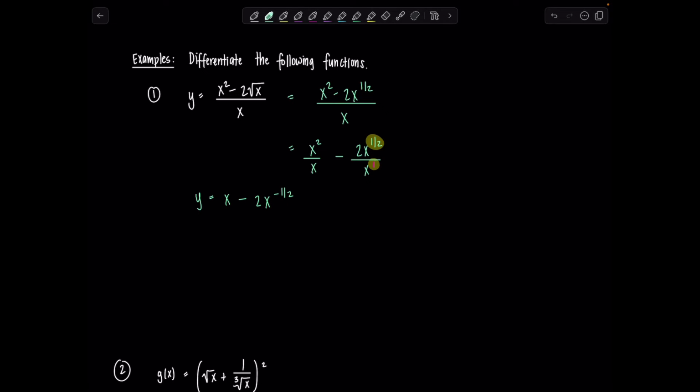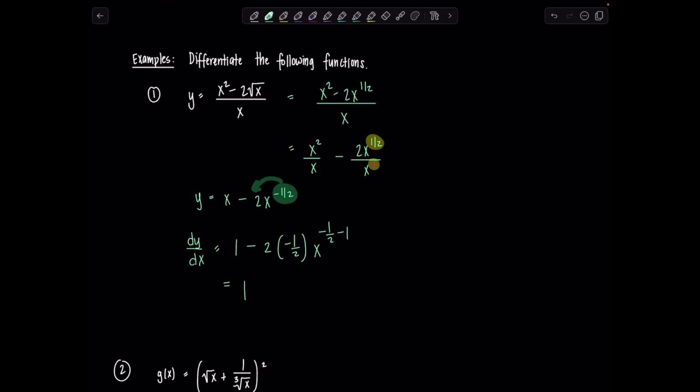So y prime, or dy dx, derivative of x is just 1. And then minus 2, keep the exponent, keep the coefficient, it just comes along for the ride. You bring the exponent down front, multiply by it. So I'm going to have a negative 1/2 x, and then the new exponent I find by subtracting 1. So what does this turn into?